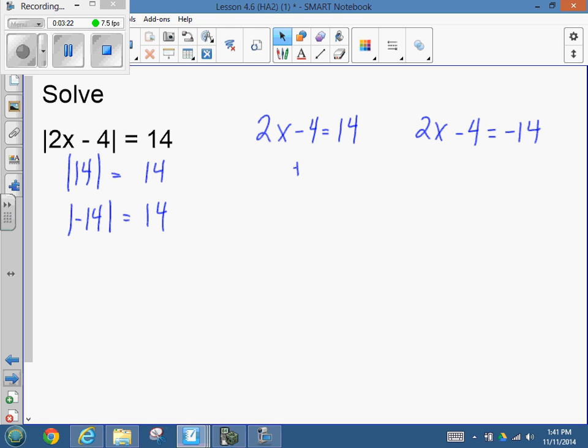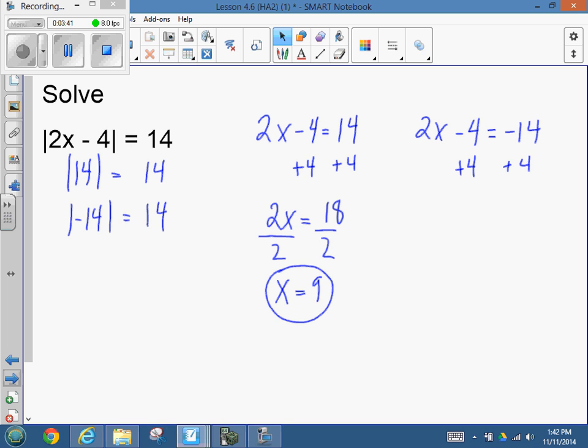Same process on both sides. I'm going to add 4, and 2x equals 18. Divide by 2, and x equals 9 is your first solution. Your second solution, once again, add 4, and 2x equals negative 10.